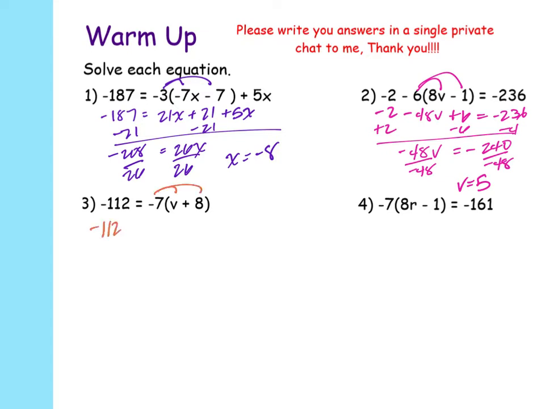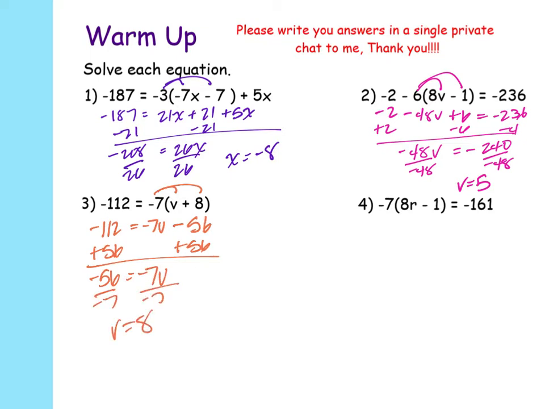Negative 112 equals negative 7v minus 56. So add 56. V equals 8.